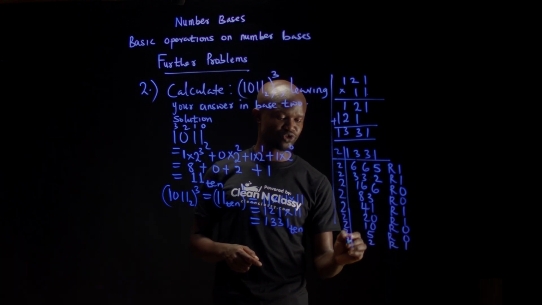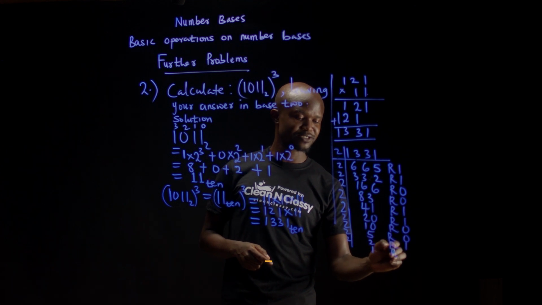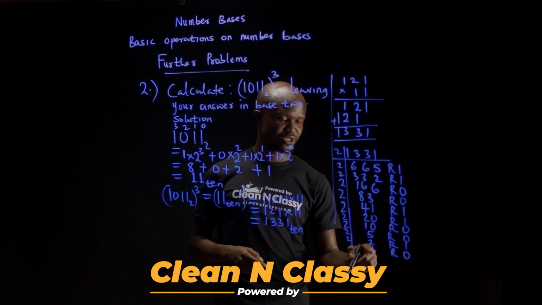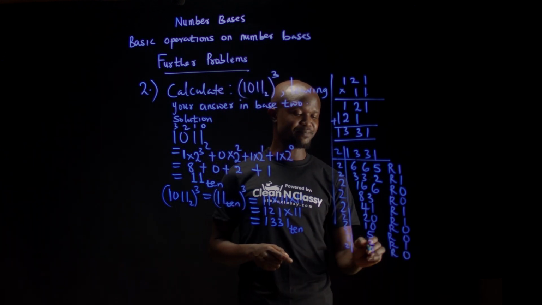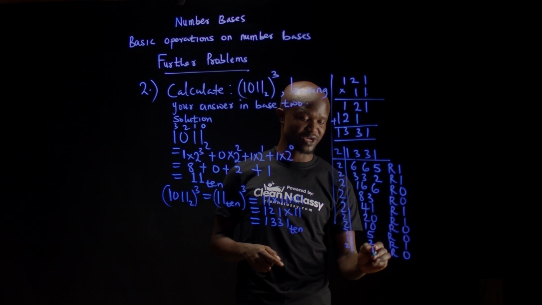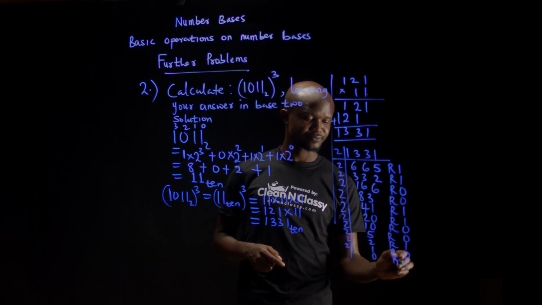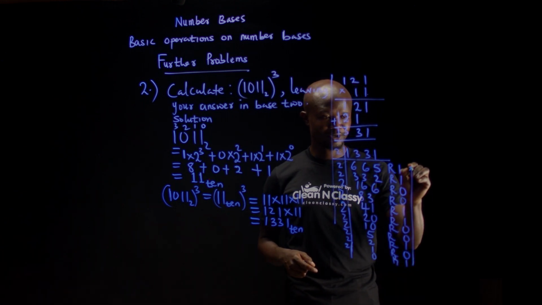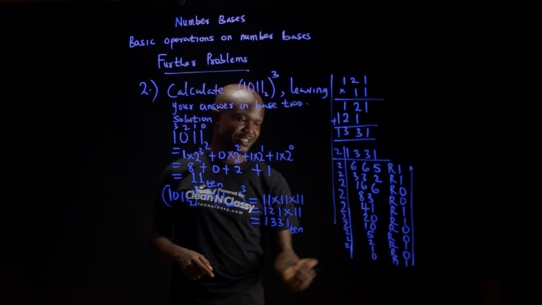Then dividing by 2, we have 1, remainder 0. 2 divided by 2 is 1, remainder 0. Then 1 divided by 2 we have 0, remainder 1. So don't forget, we are taking it from the bottom to the top. That's where we are taking it.